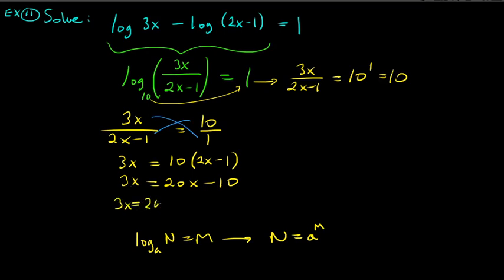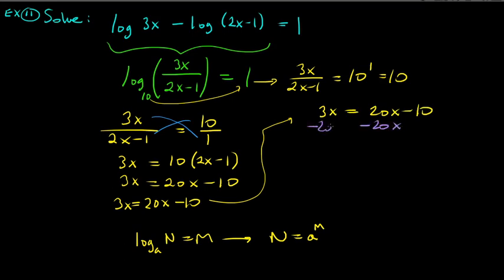Well, yeah, that's what you're going to do next. I'm going to run out of space, so can I do that up here? So 3x equals 20x minus 10. The next thing we do, of course, is subtract the 20x from both sides. And that gives us 3x minus 20x is negative 17x equals negative 10. So now just divide by negative 17, and we get x equals 10 over 17.